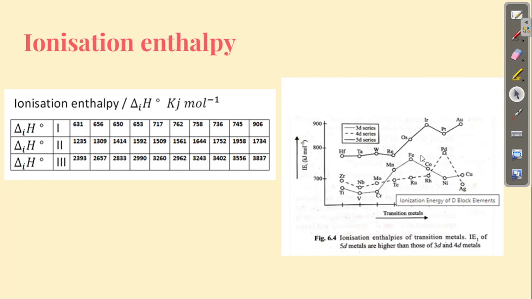This is because of the screening effect. The pairing starts here, and hence the screening effect will be larger, and since the screening effect is larger, the energy required to remove the electrons will be lesser, and hence the ionization enthalpy is decreasing.